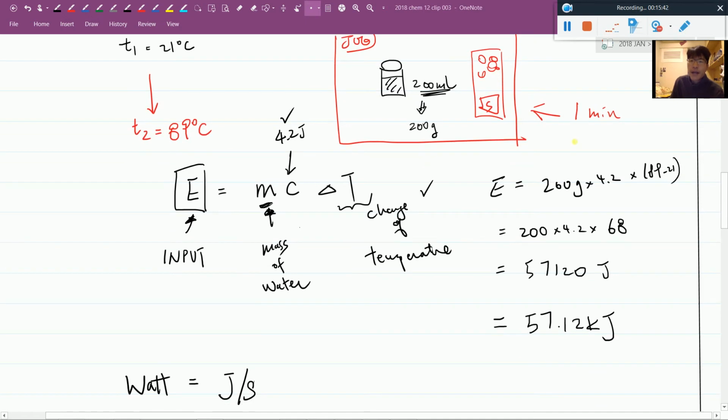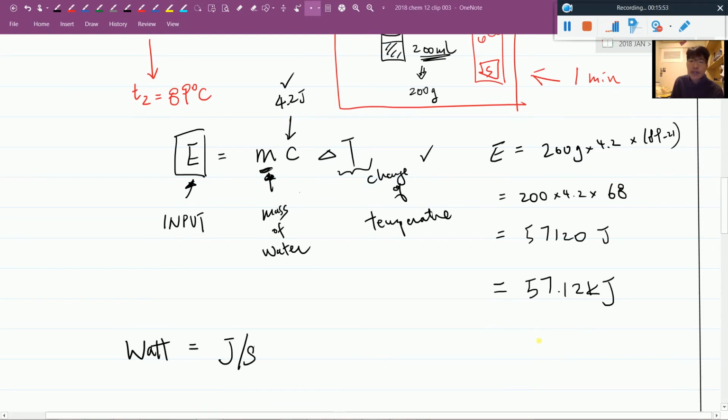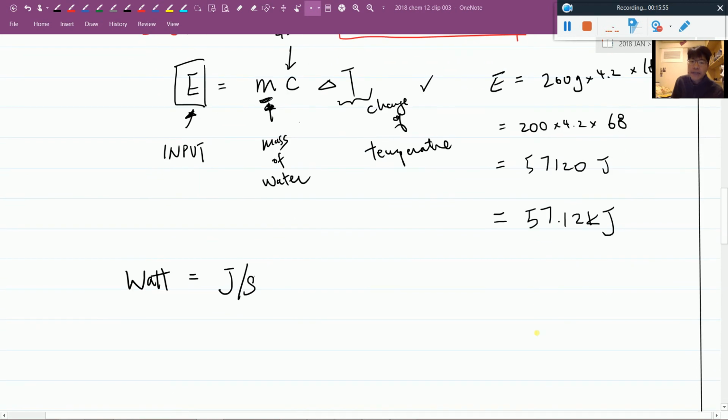So I've done 1 minute, and the temperature changed from 21 degrees to 89 degrees Celsius. And I know that I've been producing 57,120 joules in 60 seconds. So what we do for my microwave is easy to calculate.